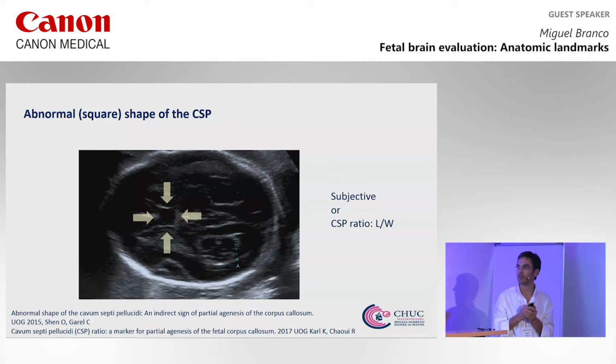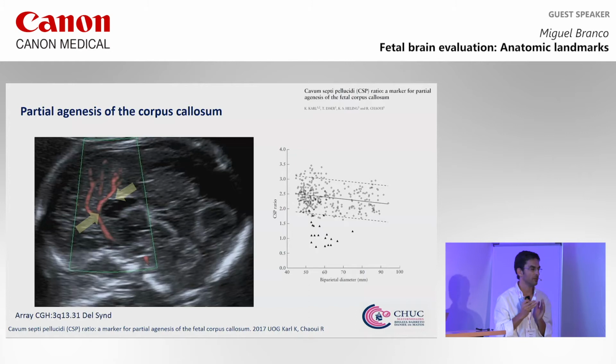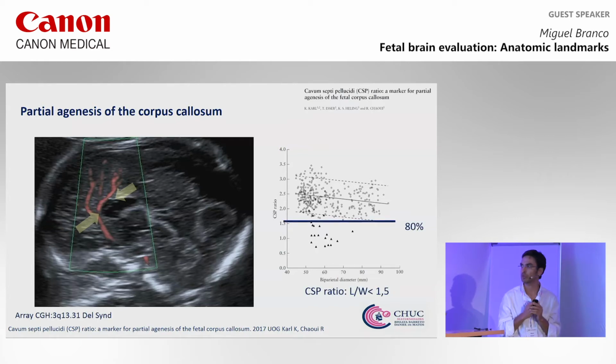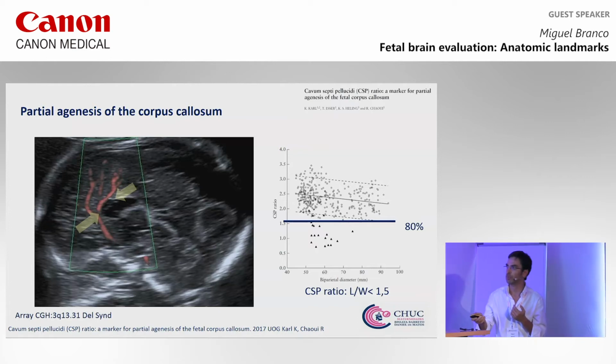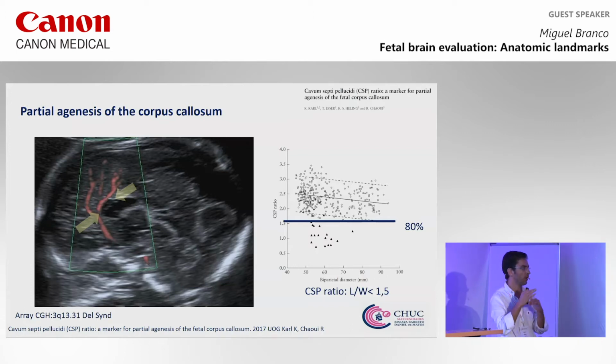It's very frequently associated with partial agenesis of the corpus callosum. Most situations have a ratio under 1.5, but if you look at the data, most of them have a ratio around 1, which should be really squarish.